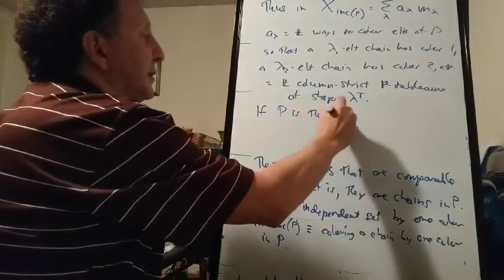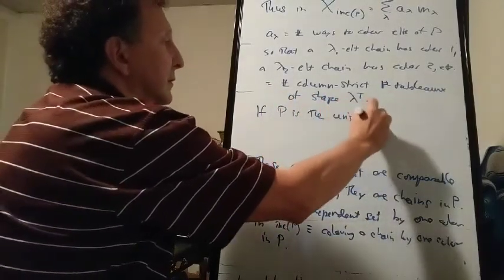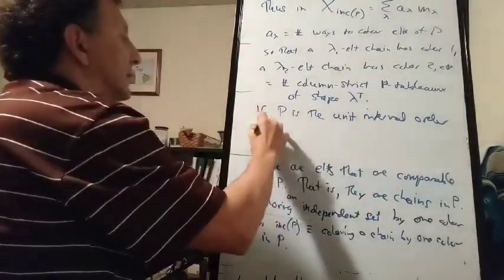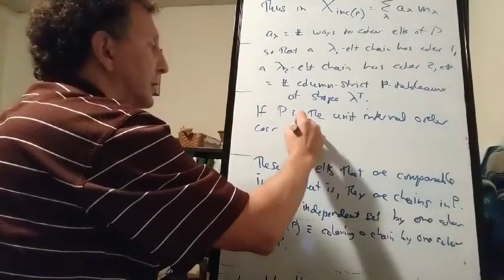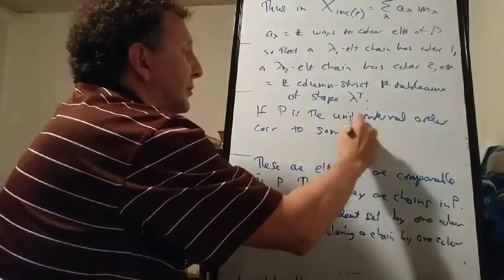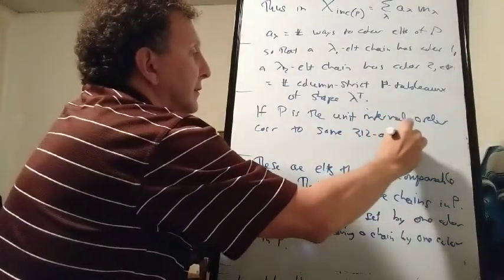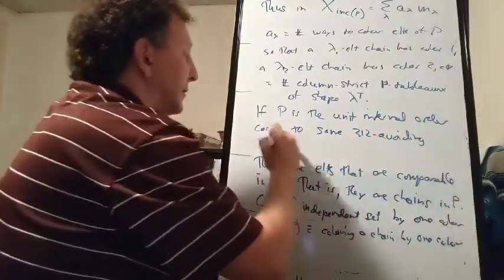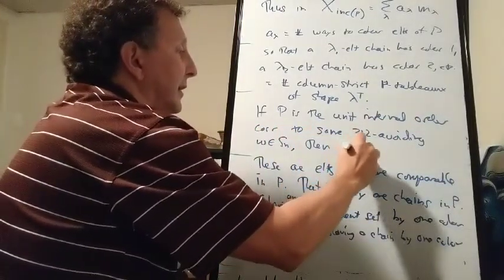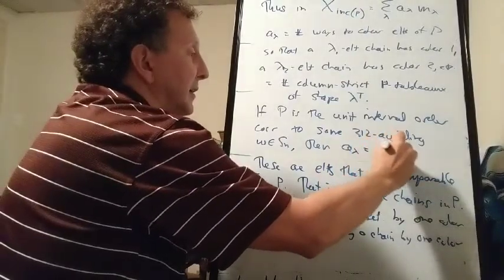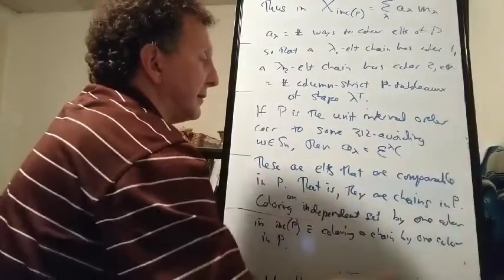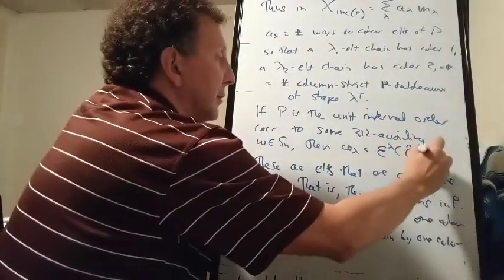Now if P is the unit interval order corresponding to some 3-1-2 avoiding permutation w in S_n, then A lambda is precisely epsilon lambda of the Kazhdan-Lusztig basis element C_w.